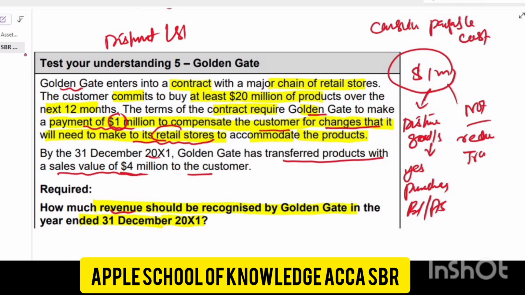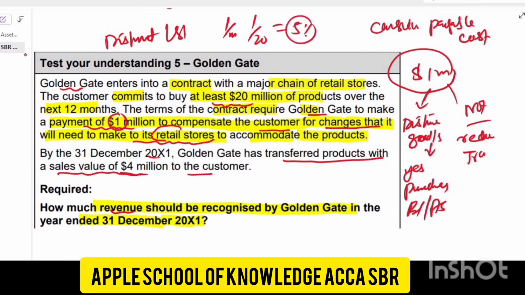Clear? So for the transaction price adjustment, you see here that the total contract value is at least 20 million, and the payment of 1 million represents how much? 1 million divided by 20 million is 5%.